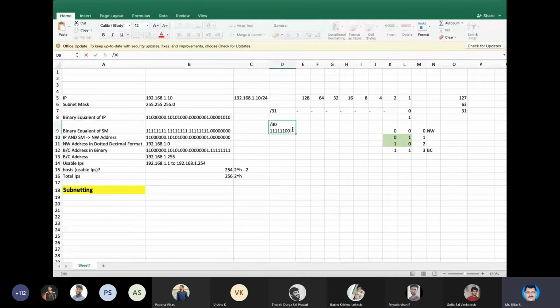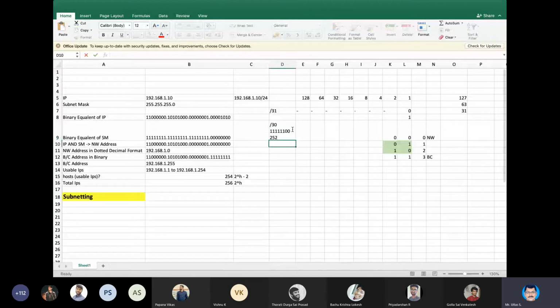So it is actually 252, the binary equivalent. And to calculate this, it is very easy. You need not add 128 plus 64 plus 32. Instead, you can do a reverse method. That's what I do for quick calculation. I'll tell you the trick I am using.